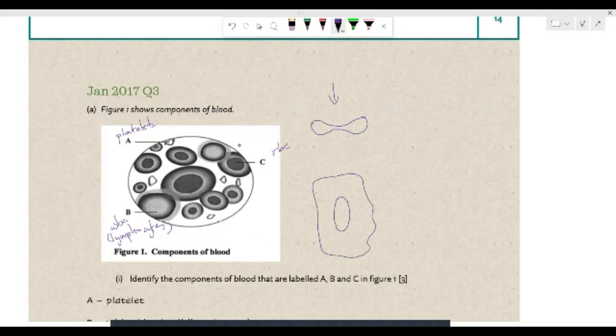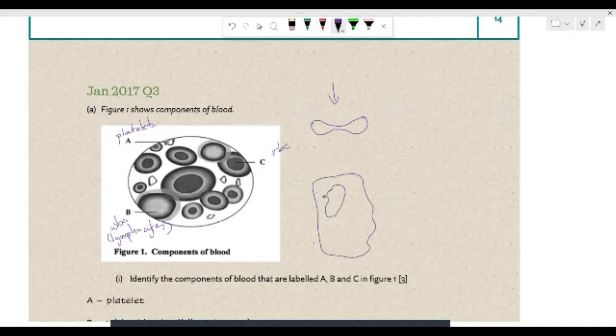However, if it's a nucleus, it tends to be more to the side, right? Unless it's like a lymphocyte, and it doesn't have that nice, neat oval shape. All right, it'll have a little fringe, right? It wouldn't be a perfect oval, as if somebody drew it with a ruler or something, okay?